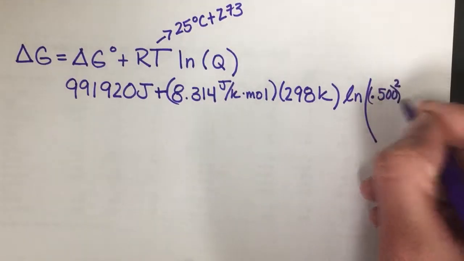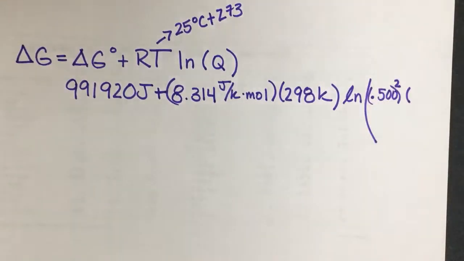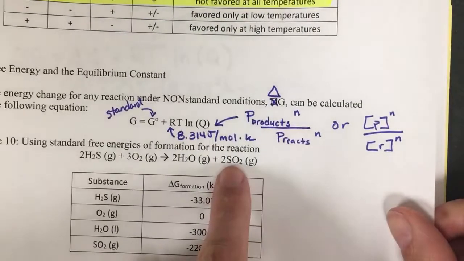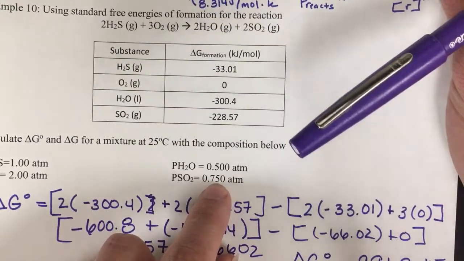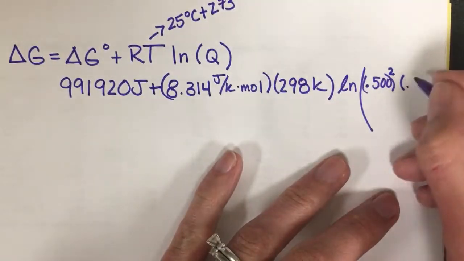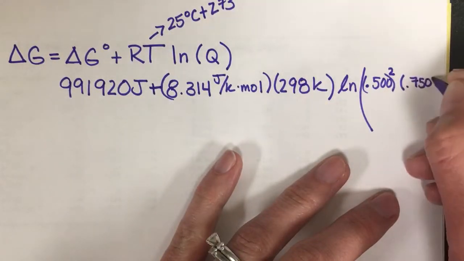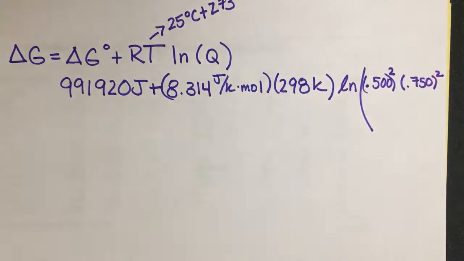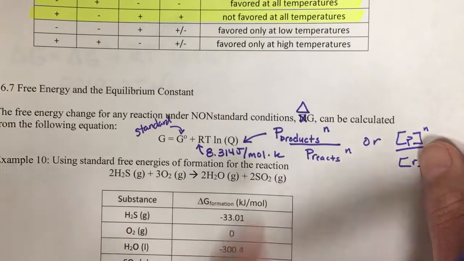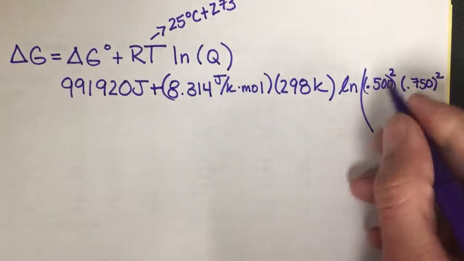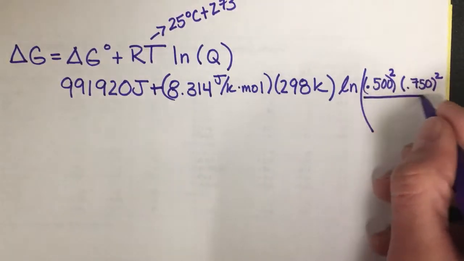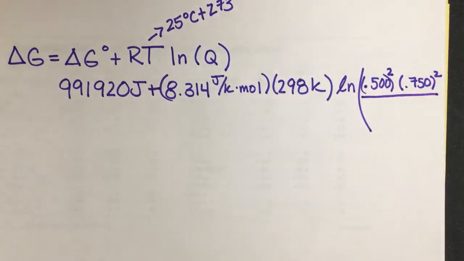My second product is SO2. I've got 0.750 atm. That is also squared because I have 2 of them. Okay. My products raised to the coefficients over my reactants.